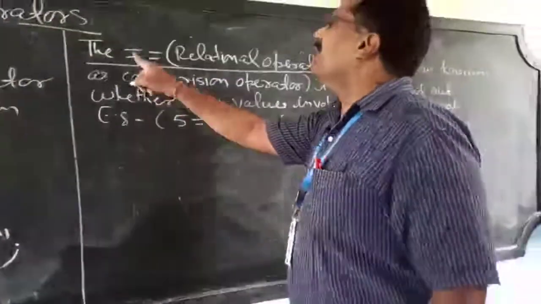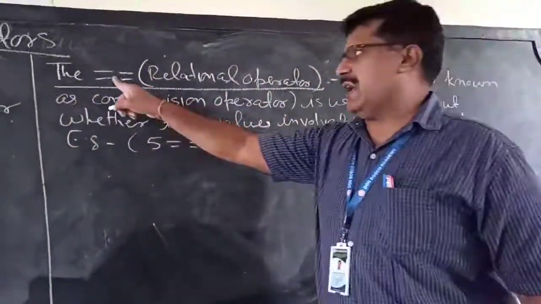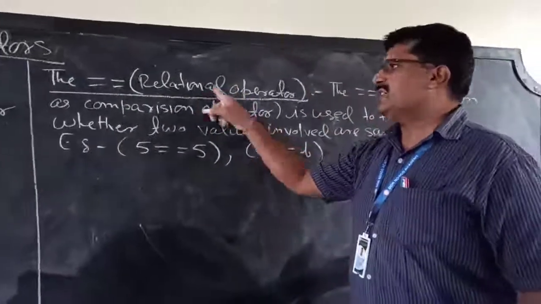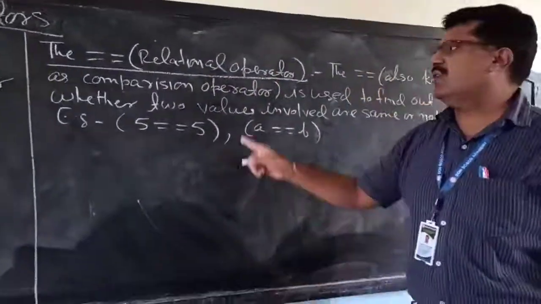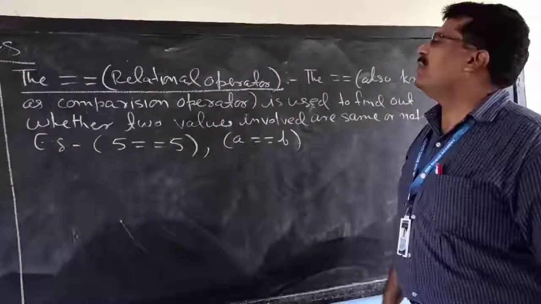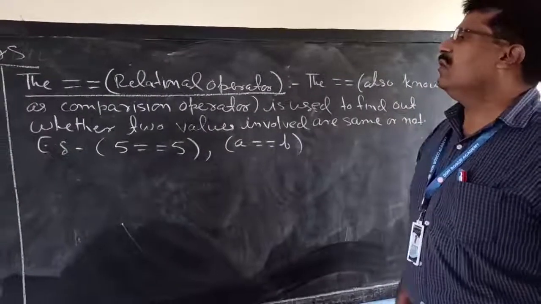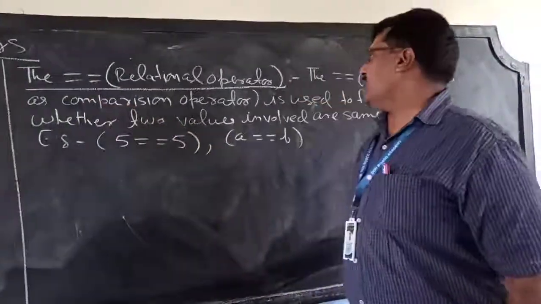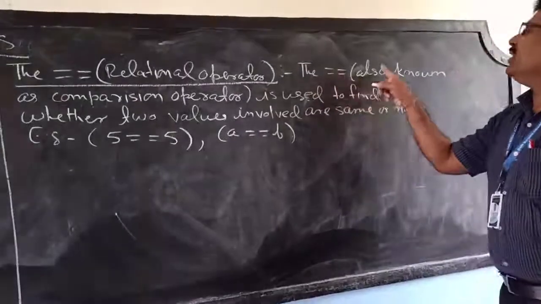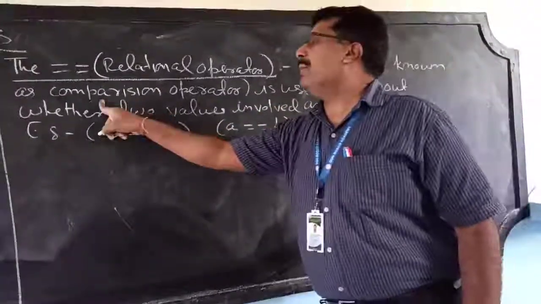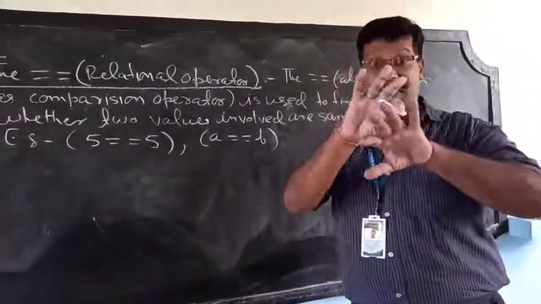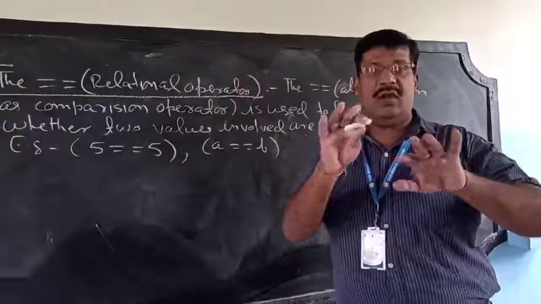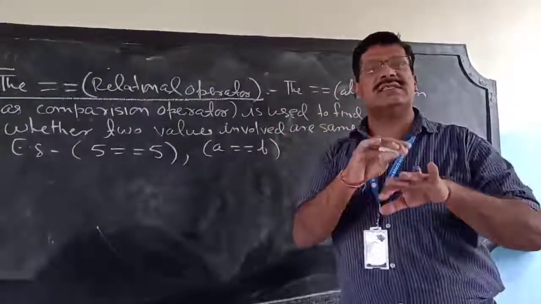Now we have the double equal to sign, which is called the relational operator of Java, also known as the comparison operator. It is used to compare whether two values are the same or not.